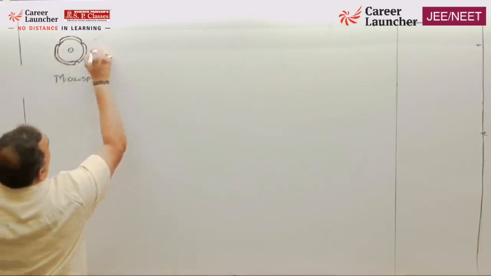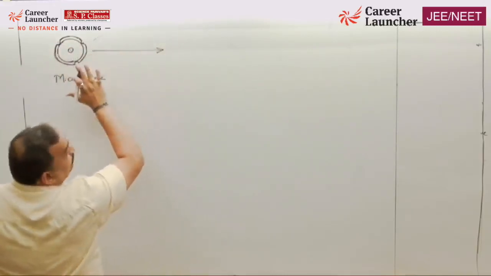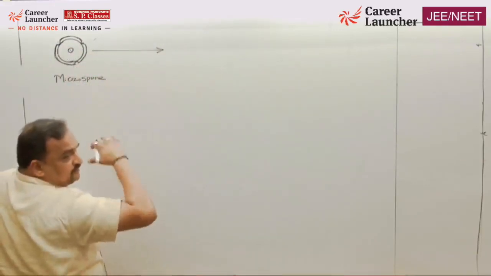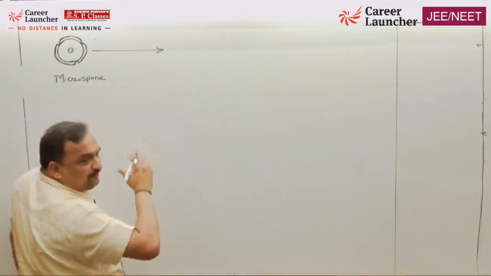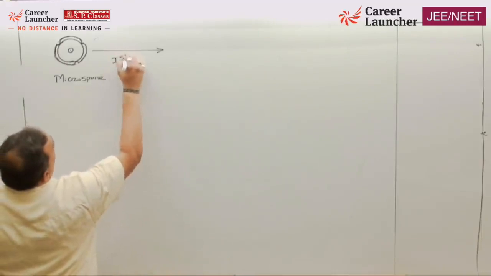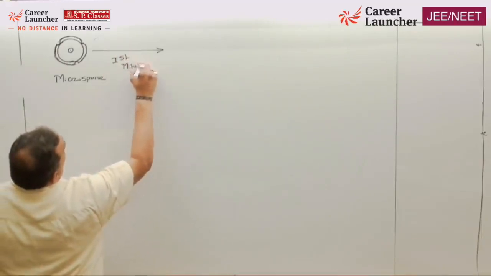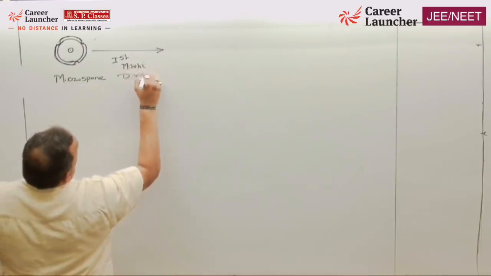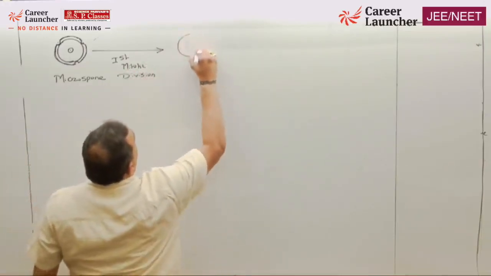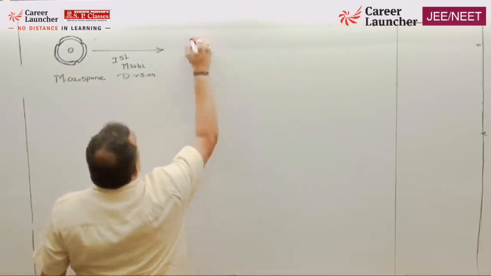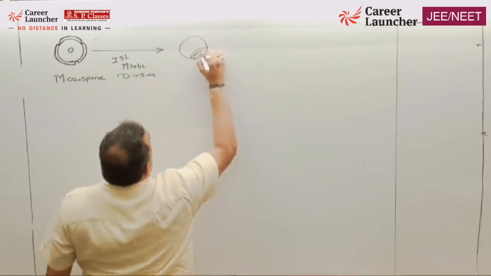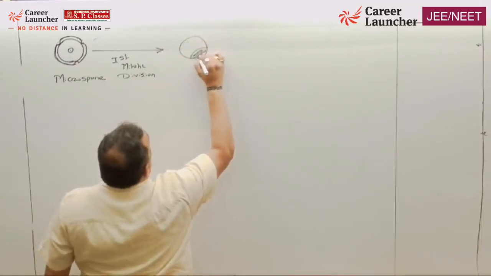It undergoes, this is before pollination, before it gets moved from one flower to the other, from anther to the stigma. Before that, it undergoes the first mitotic division, barabar. This first mitotic division will lead to formation of two cells, right?